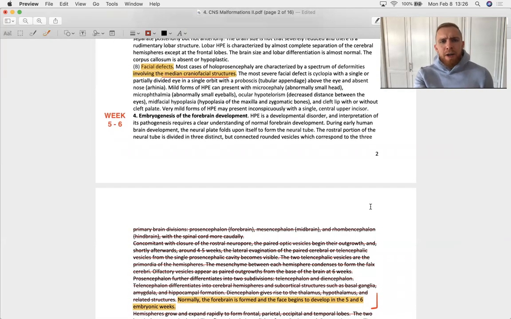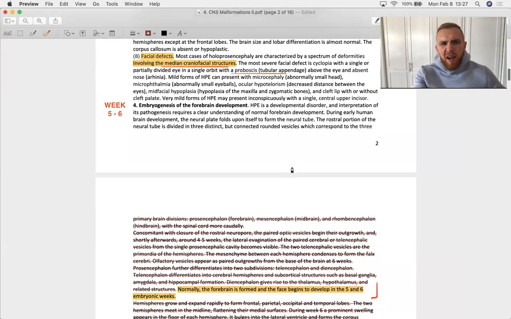So midline craniofacial abnormalities. Best cases, there's no abnormalities at all. A little bit worse than that would be like a cleft lip or a cleft palate. And then at the other end of the spectrum, maybe you have a single eye, cyclopia, or maybe there's a tubular nose, right? You're not going to get 2 nostrils properly.